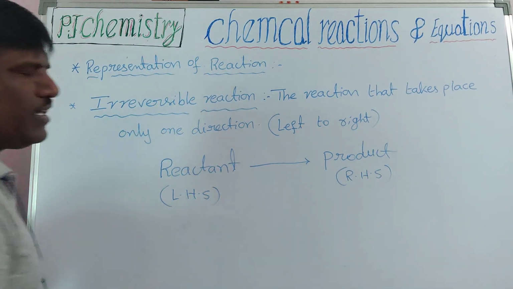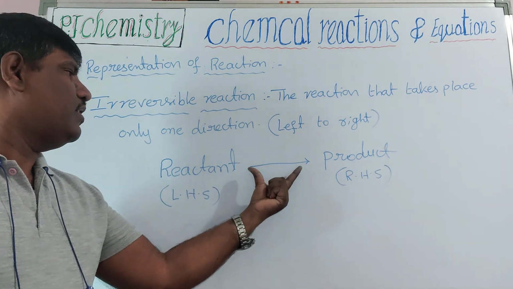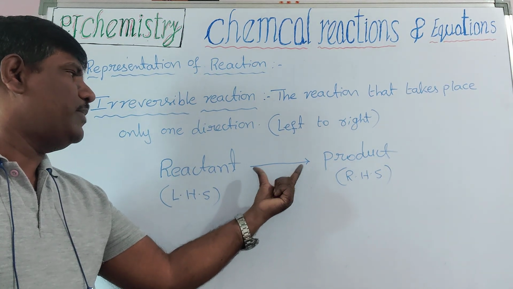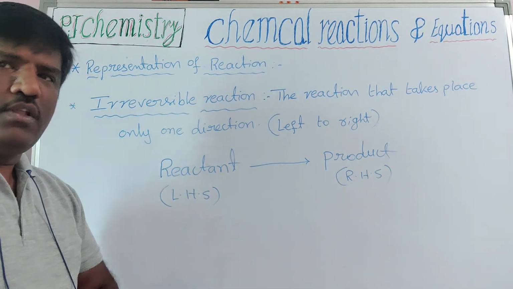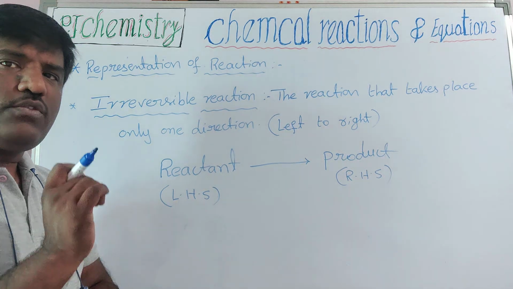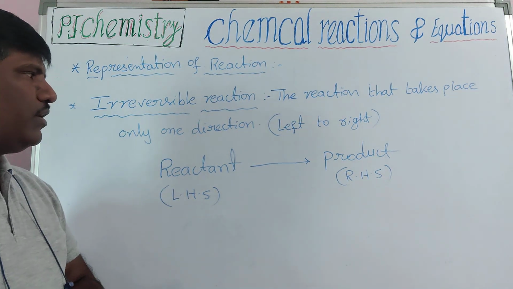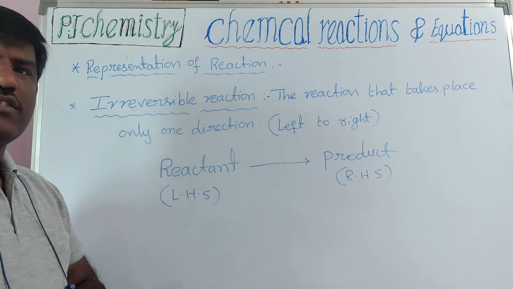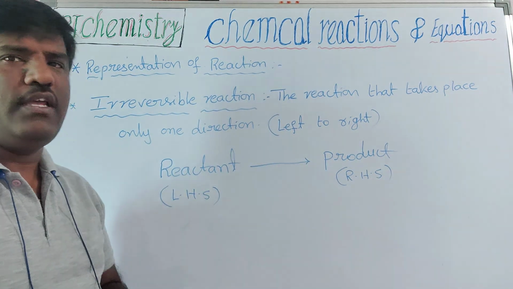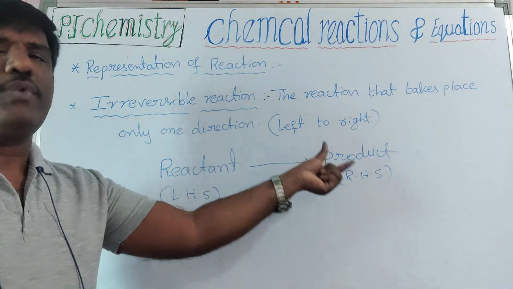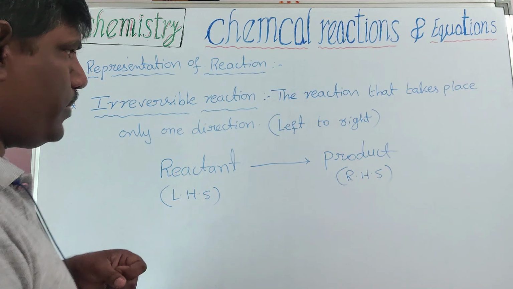The arrow symbol placed between the reactant and the product, we should call it gives rise to. As a chemistry student, we should not call it reactant arrow product. That is the wrong way. Reactant gives rise to product.